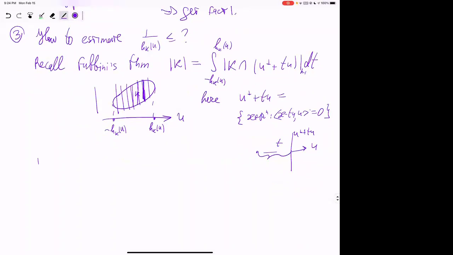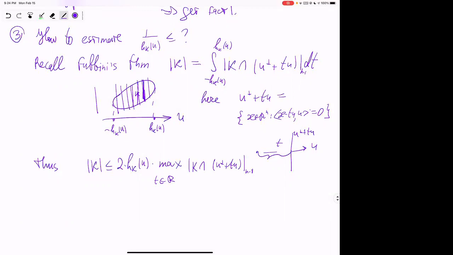Therefore, the volume of K can be estimated from above by 2 times the support function times the maximum over t in R of the volume of K intersected with U perp plus tU. Now, where is this maximum achieved for a symmetric convex set?